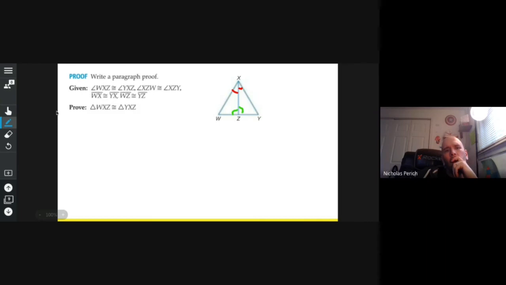WX is congruent to YX. What color didn't I use? Purple. And WZ is congruent to YZ.